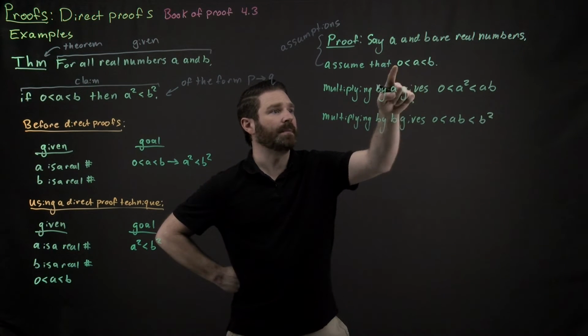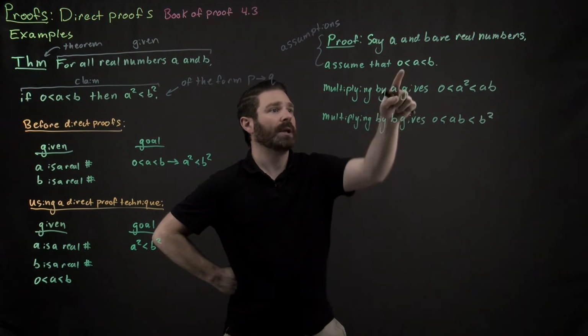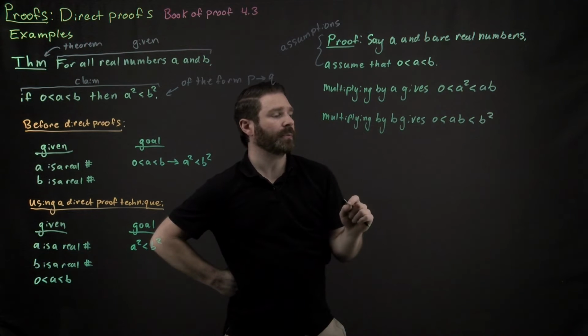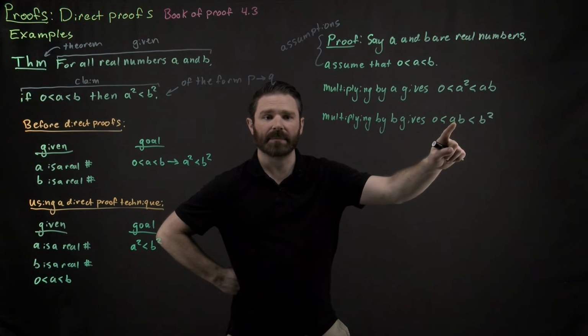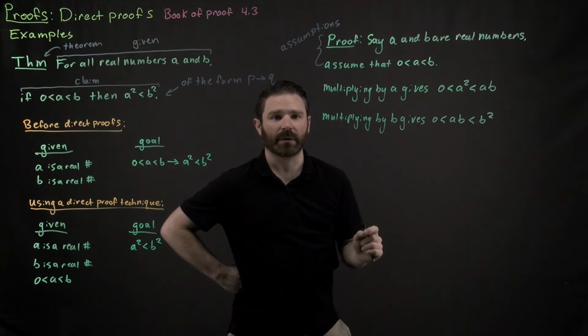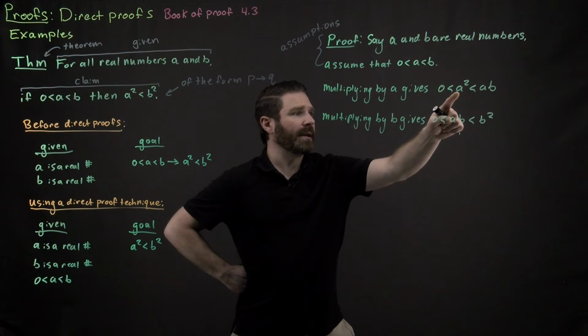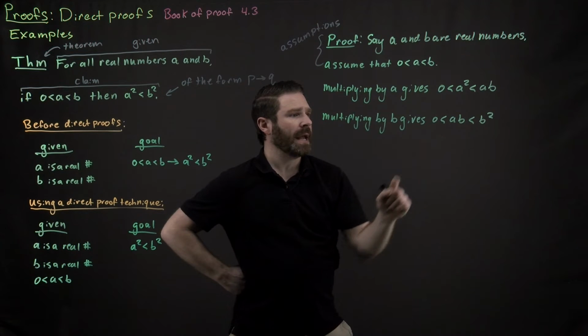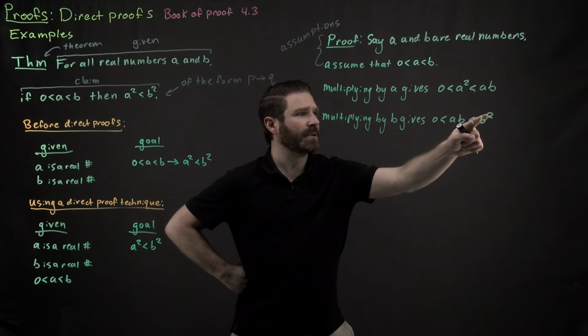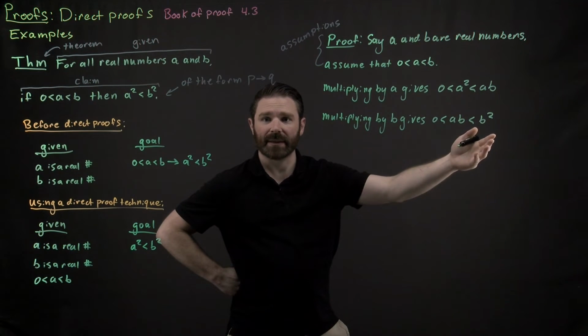And here again, b is a positive number, and so multiplying this inequality through by b gives me 0 is less than ab is less than b squared. And so, since I have a squared is less than ab, and ab is less than b squared, I can string those inequalities together.